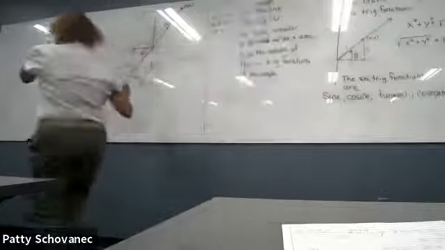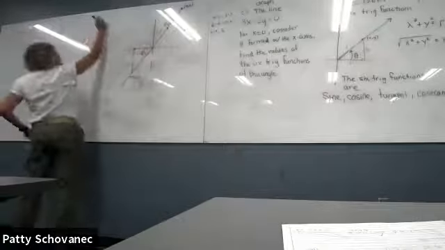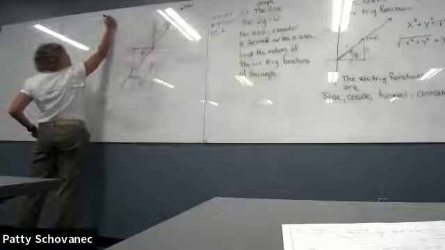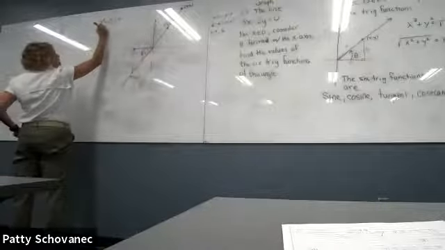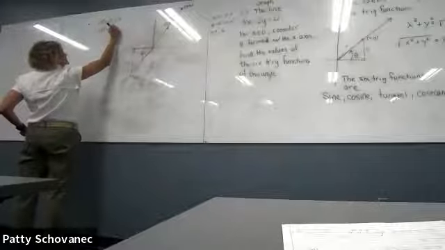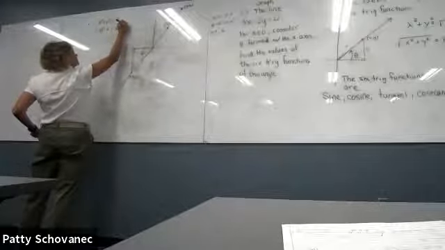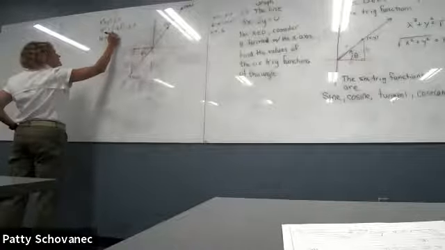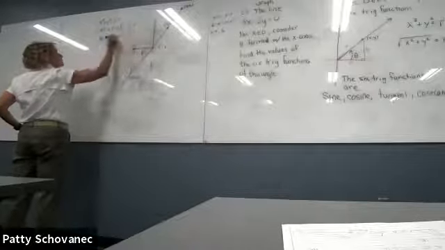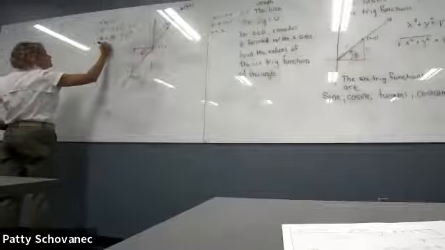So let's see, I've got x squared plus y squared is r squared. X is -4, y is -6. So I get 16 plus 36. Is that 52?